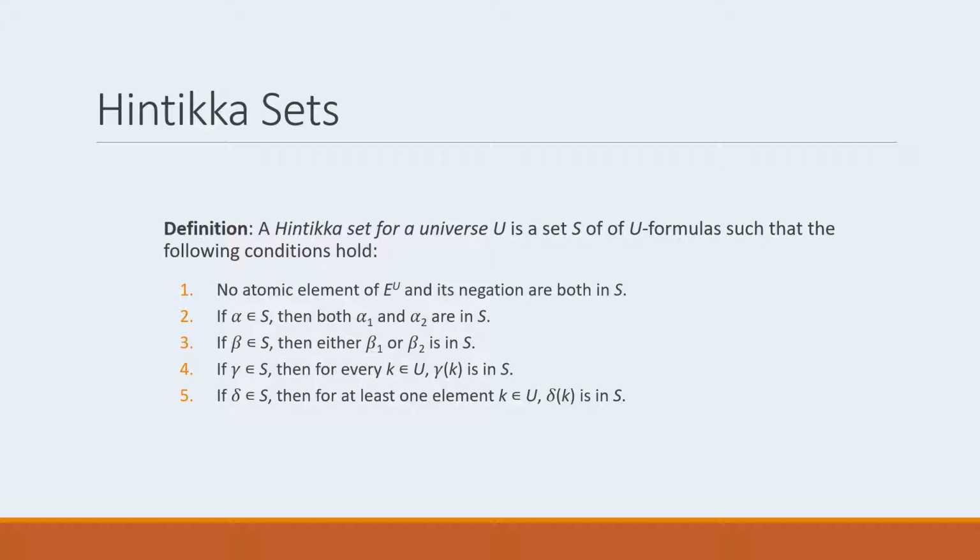First, no atomic element of EU and its negation are both in S. Second, if alpha is in S, then both alpha 1 and alpha 2 are in S. Third, if beta is in S, then either beta 1 or beta 2 is in S. Fourth, if gamma is in S, then for every element k of U, our universe, gamma of k is in S. And if delta is in S, then for at least one element k of U, delta k is in S. So we can think of this informally as being a set that contains a node in a proof and all of the successors of that node.